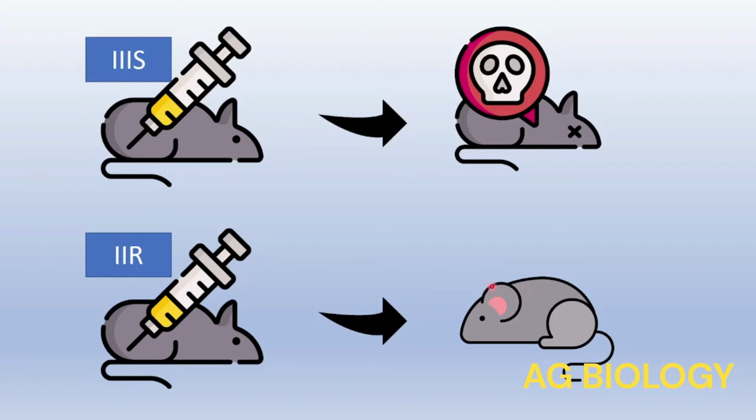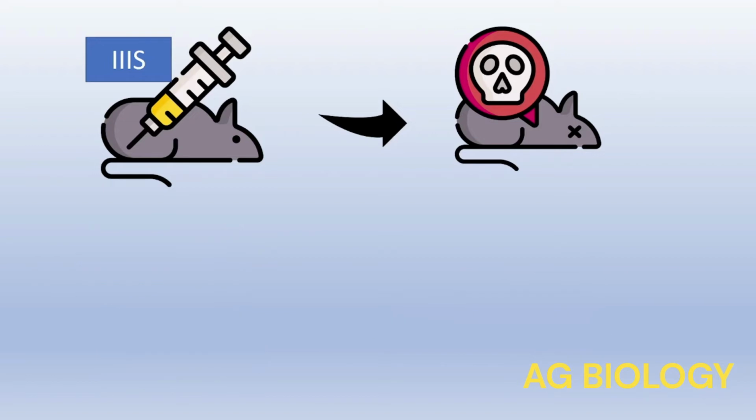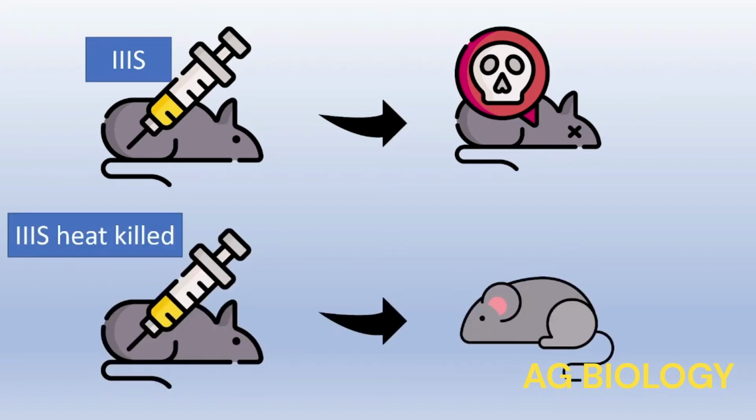Griffith knew from the work of others that only living cells could produce pneumonia in mice. That is, if heat-killed virulent bacteria are injected, the mice remain healthy. Just like avirulent type 2 R strains, heat-killed virulent type 3 S strains cannot cause illness.